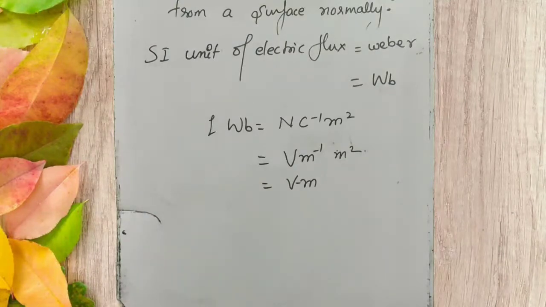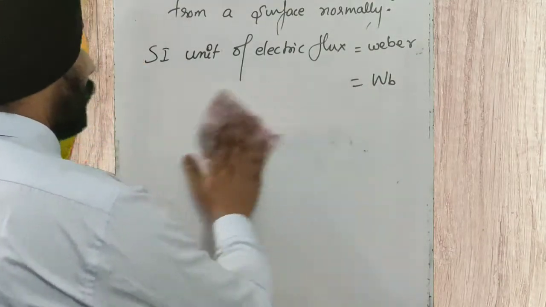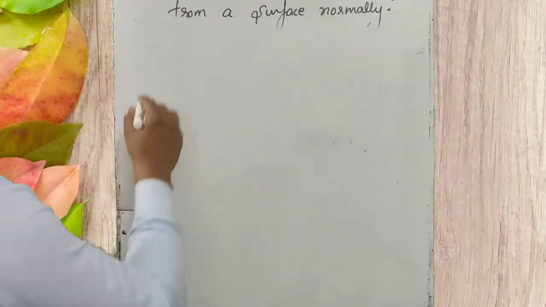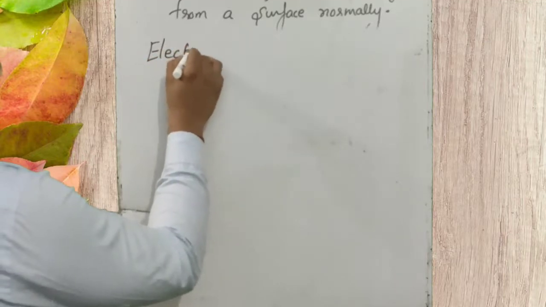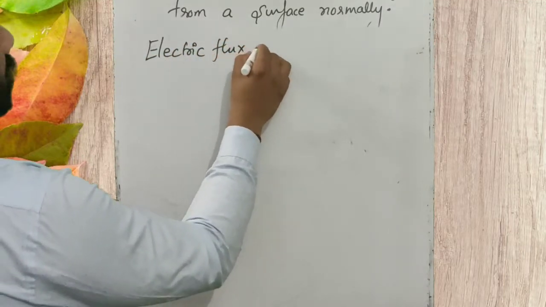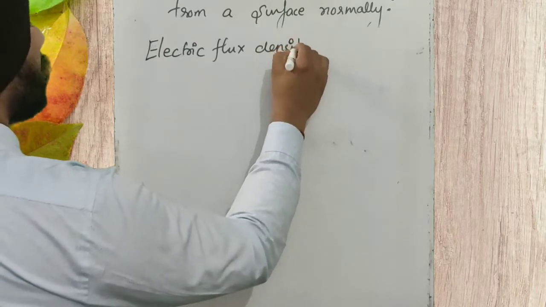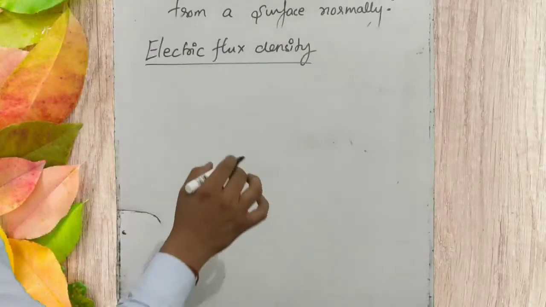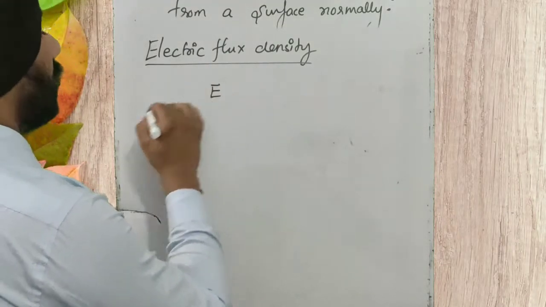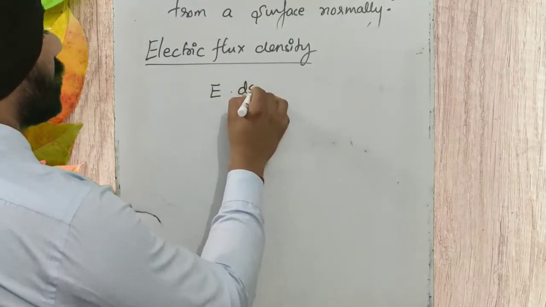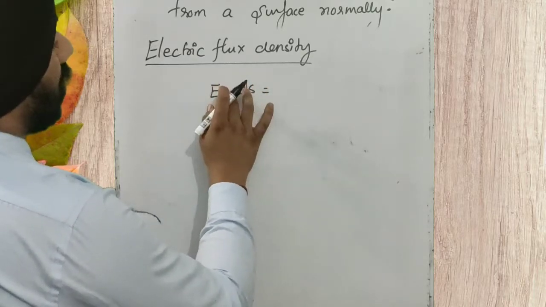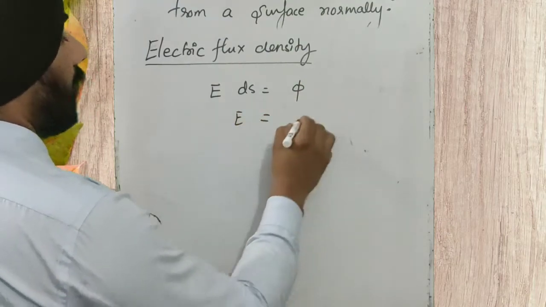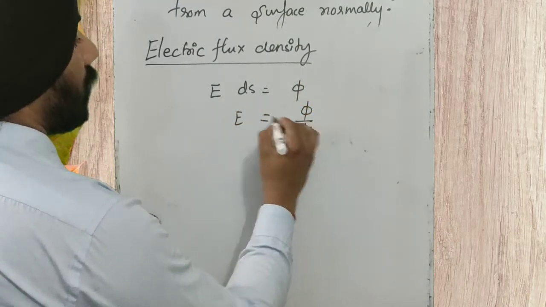So here it is time to define the electric flux density, that is, electric field in terms of electric flux. What is electric flux density? We have written E ds is normally equal to phi, so electric field will be equal to phi upon ds.